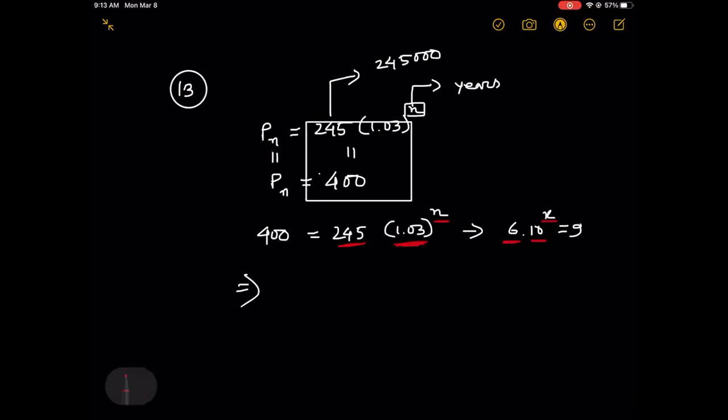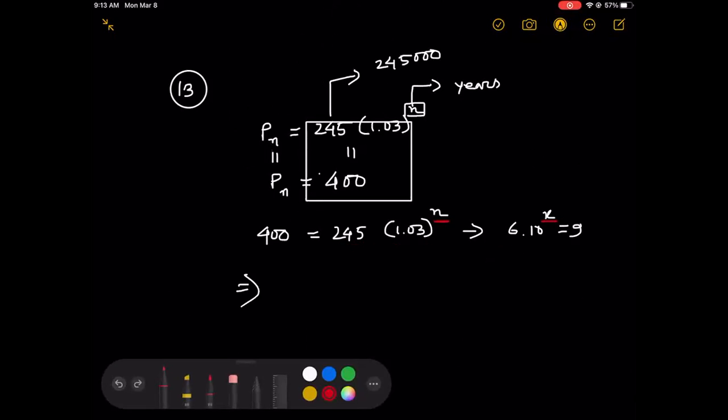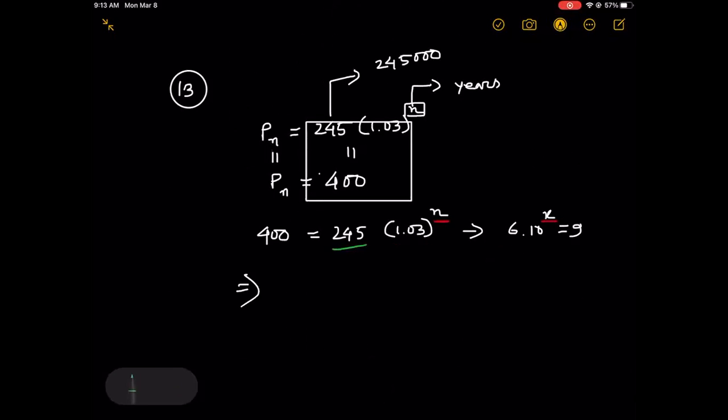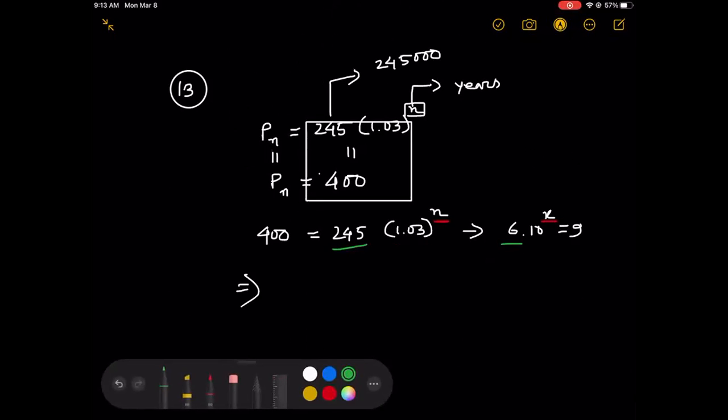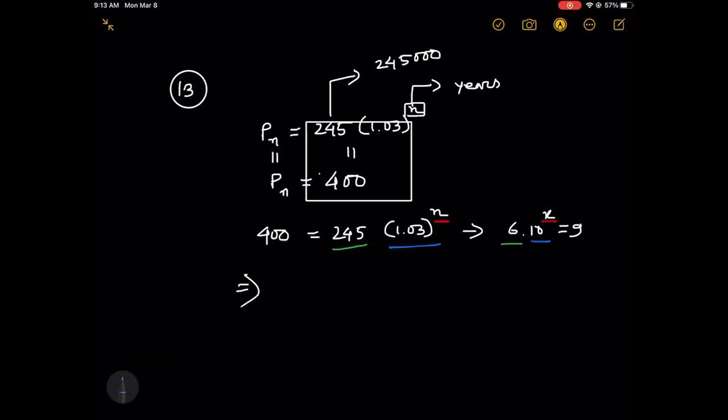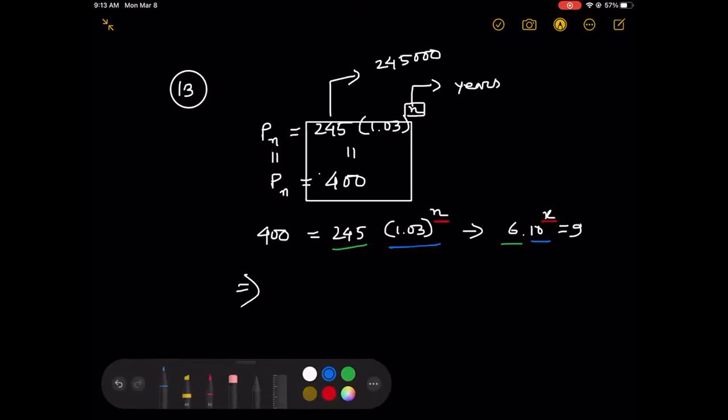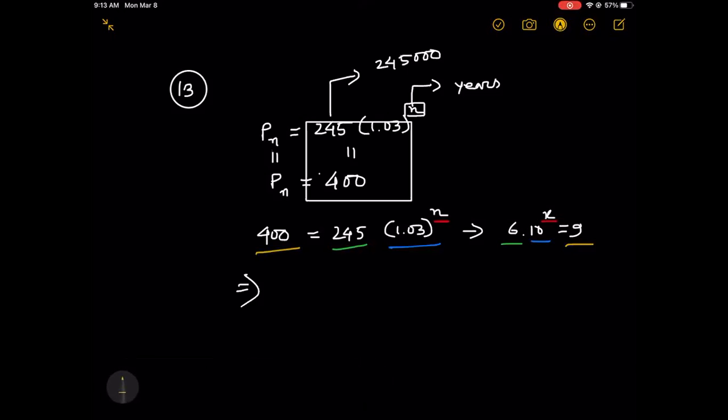Let me use a different color so that it makes more sense, so you can see the color I'm using to show the similarities. It's exactly the same problem with different numbers, that's it. So let's solve it.